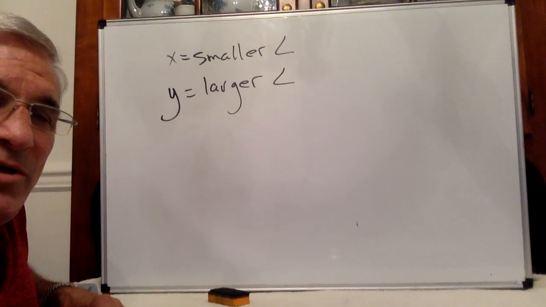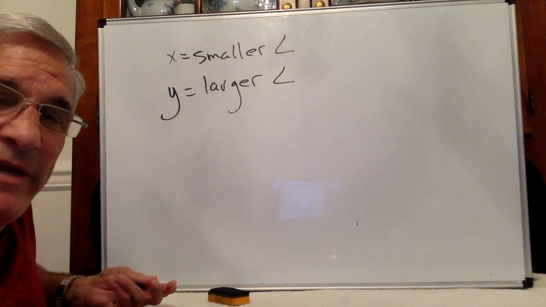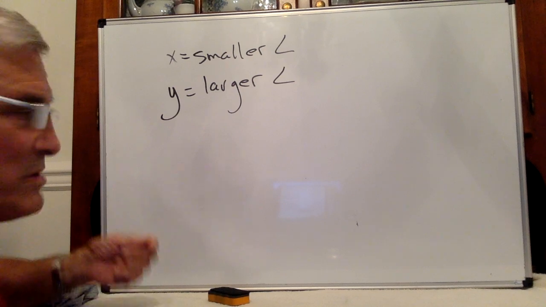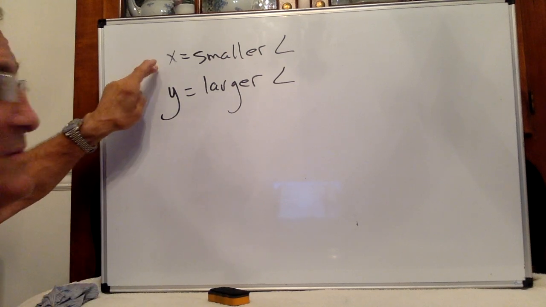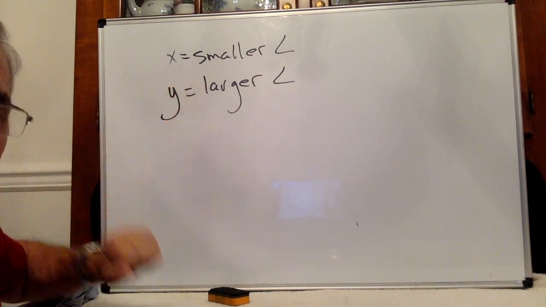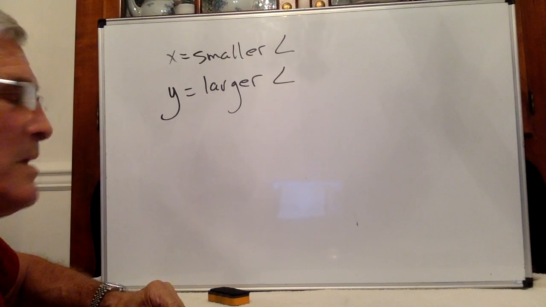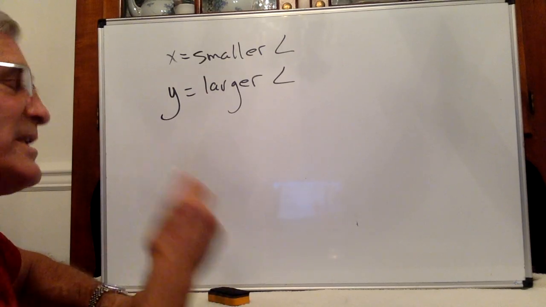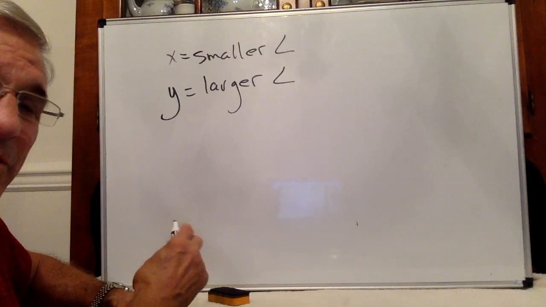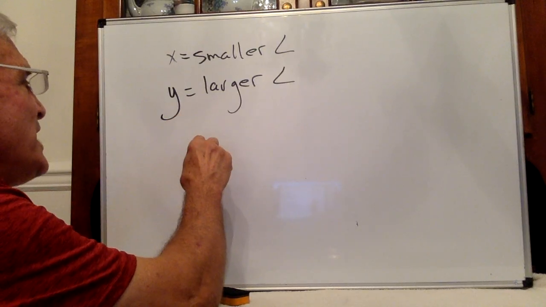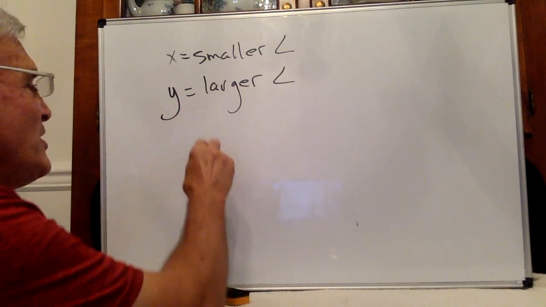All right, when you use two variables, define one of the angles as the smaller, the other as the larger. I happen to say x is the smaller, y is the larger. You could have flipped it, doesn't matter. And it said one angle is twice the other.